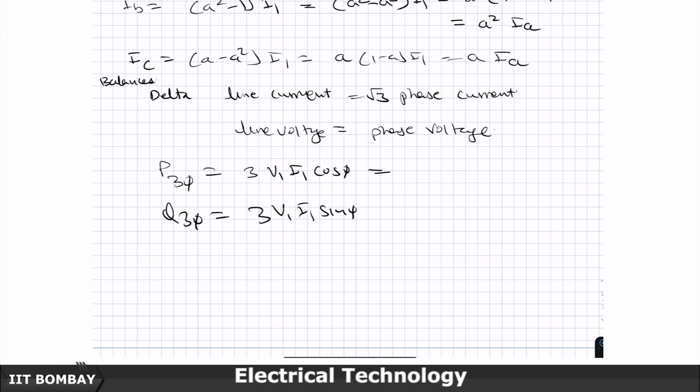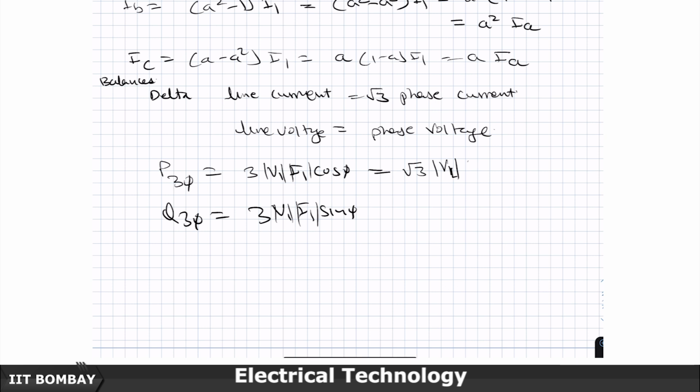But now these are actually speaking magnitudes. Now I will use the fact that phase voltage and line voltage are same, but root 3 times the phase current is the line current.